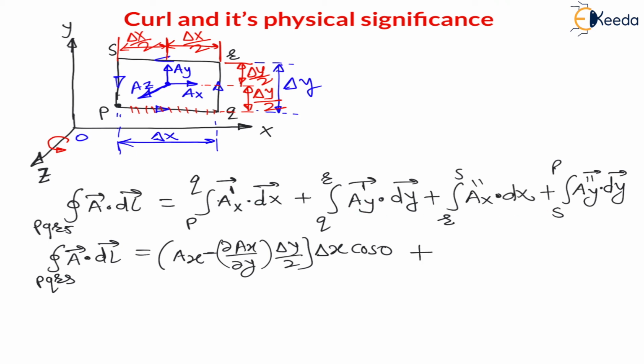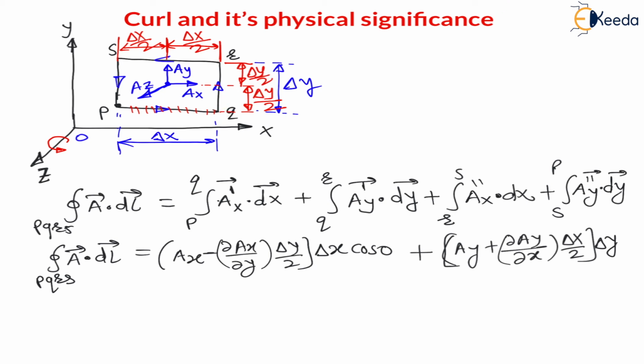Plus Ay dash, we have seen, is Ay plus dou Ay by dou x into del x by 2, complete, into here integration of small dy added, I will get total distance, that is del y, and the angle is again cos 0.